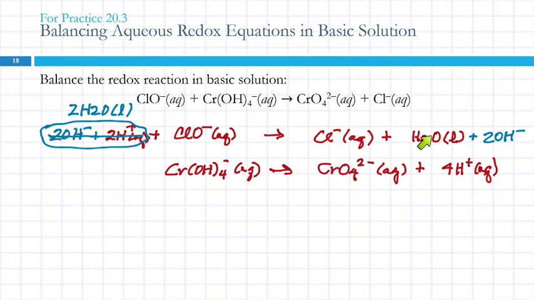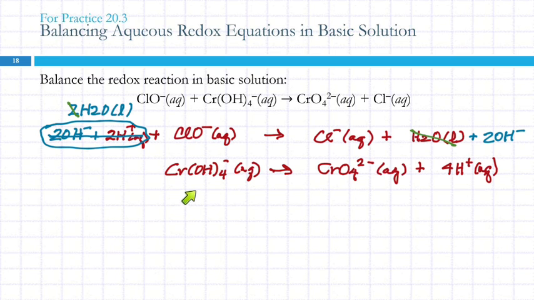There's 1 over here, there's 2 over there. So I'm going to subtract 1 water molecule from each side. So that one goes away, and this goes from 2 down to 1. And that takes care of all the canceling out.